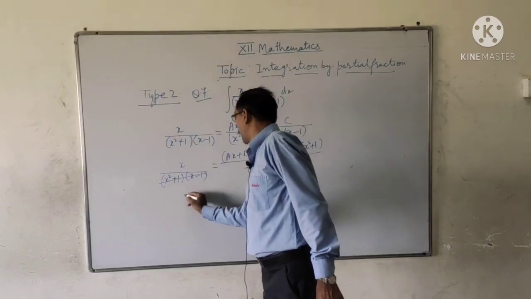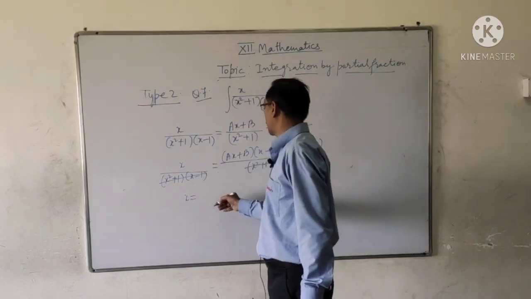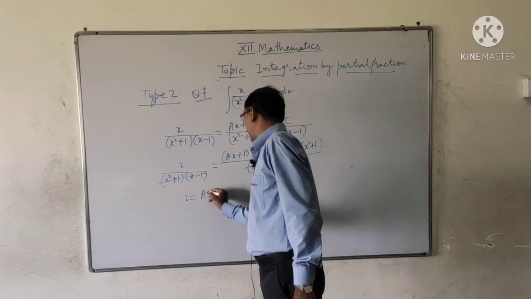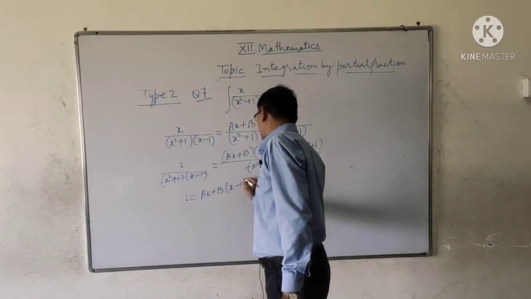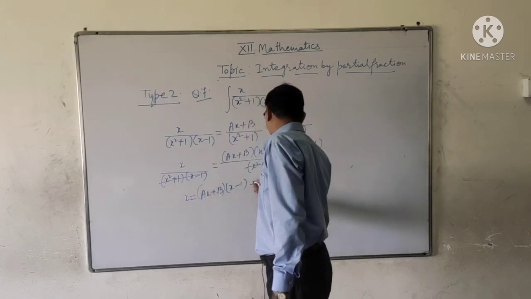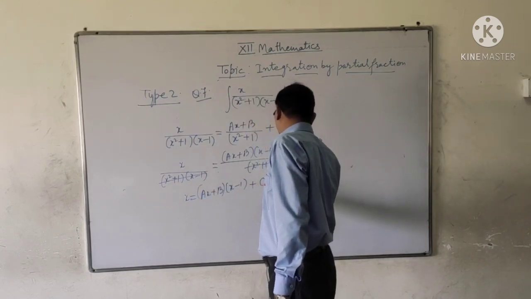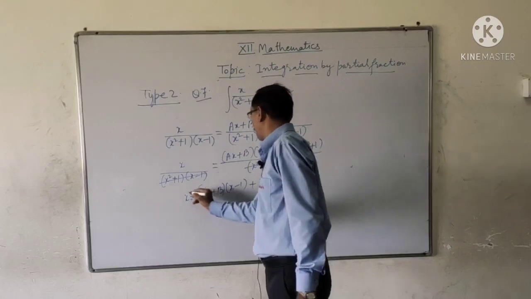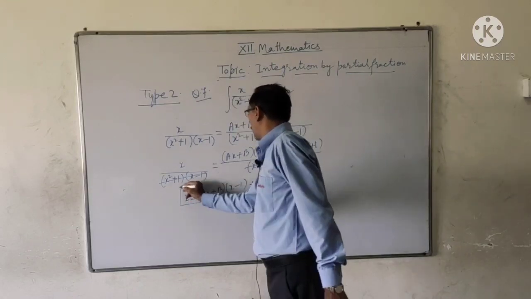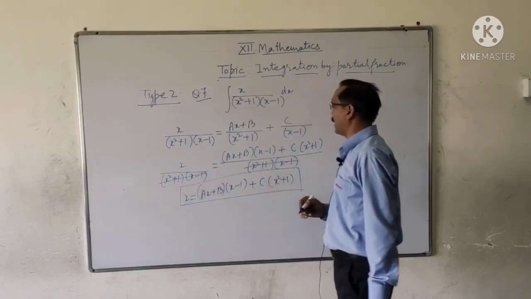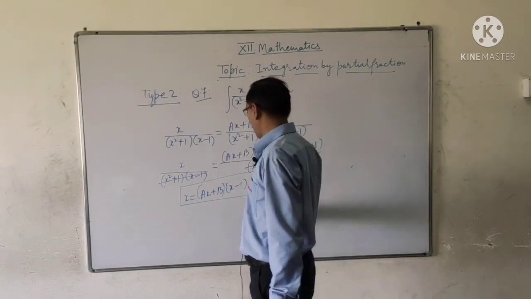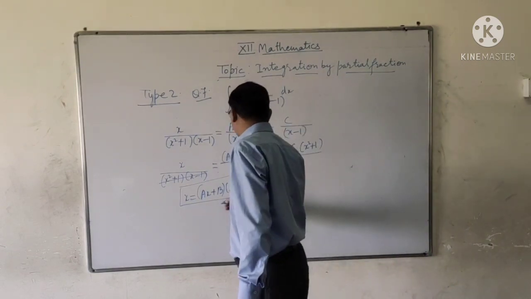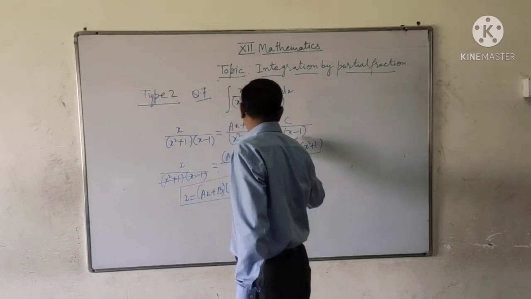So the important equation: x equal to ax plus b into x minus 1 plus c into x square plus 1. To find the value of a, b and c, we will apply the substitution method.